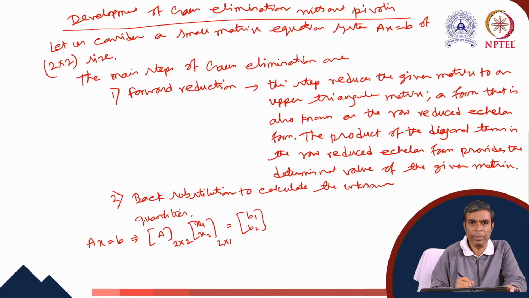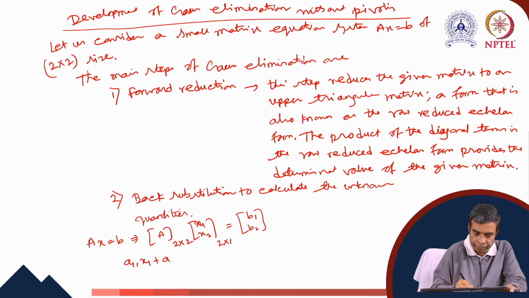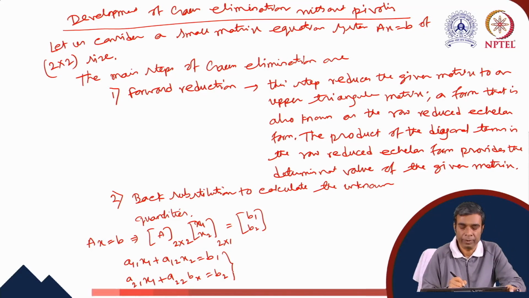So these equations we can write as A11x1 plus A12x2 equals B1, A21x1 plus A22x2 equals B2. So this is the original form.